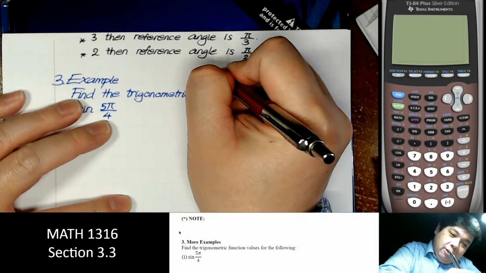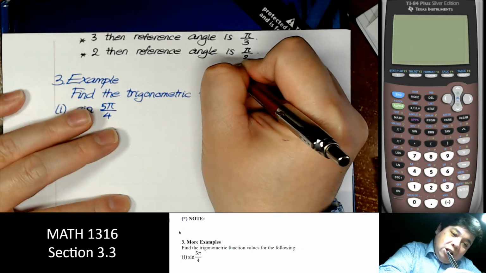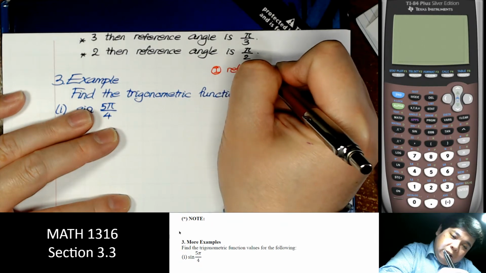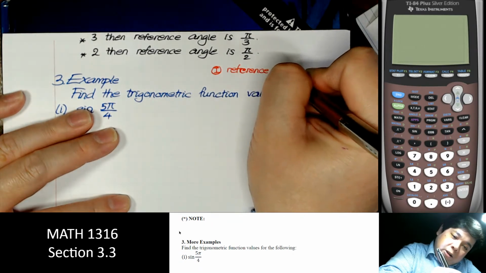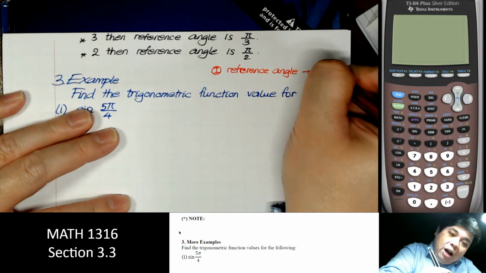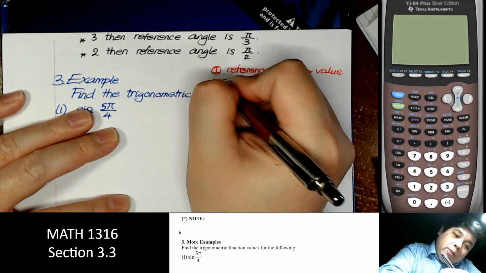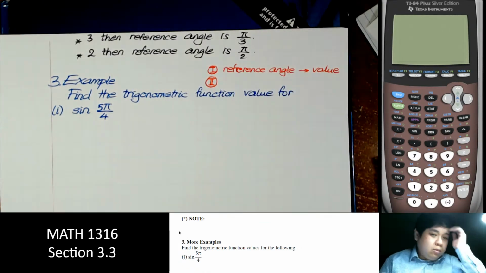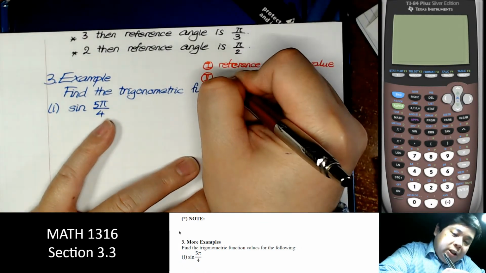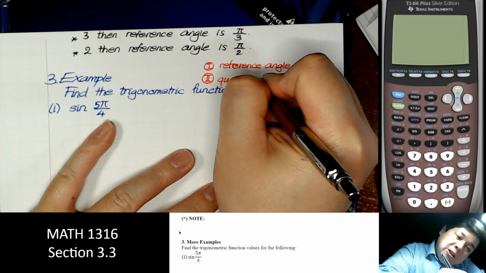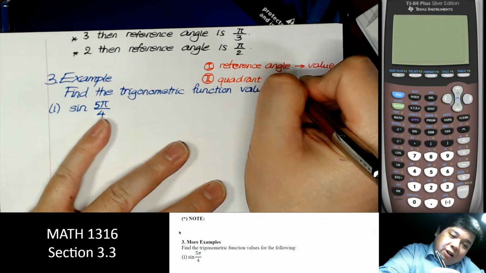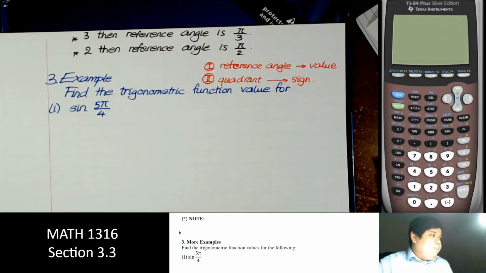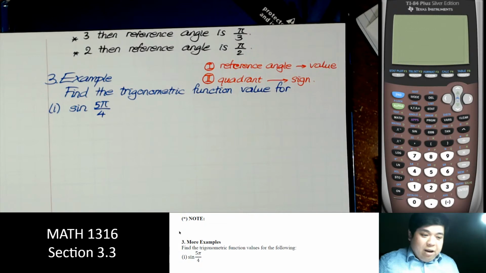The first step is the reference angle gives the values. Two, the quadrant gives the sign. Those two steps.